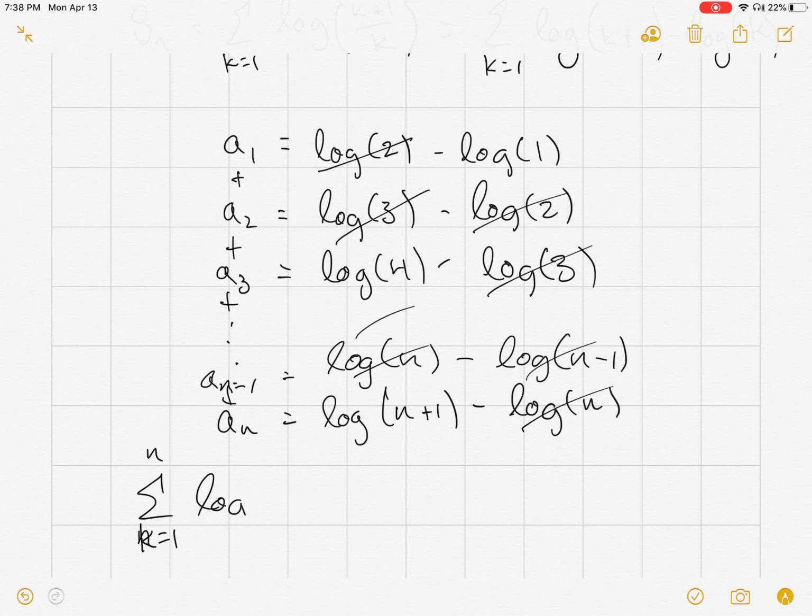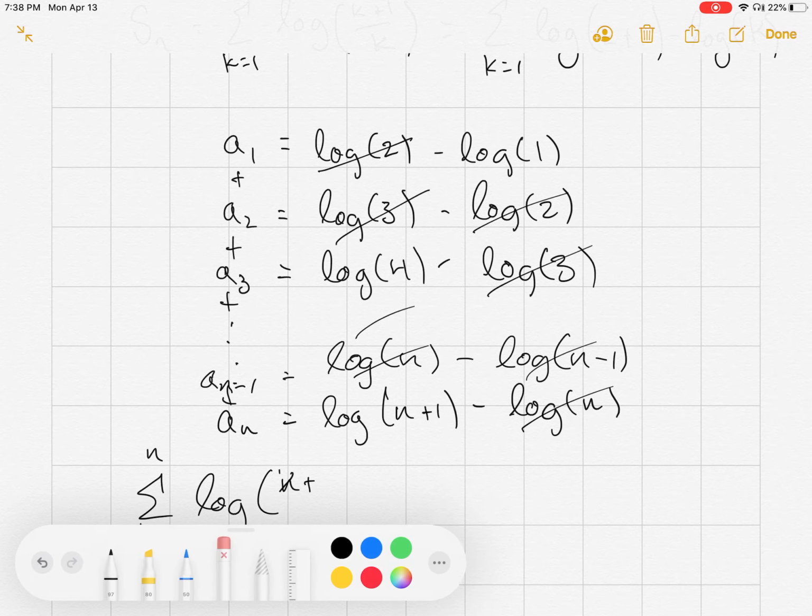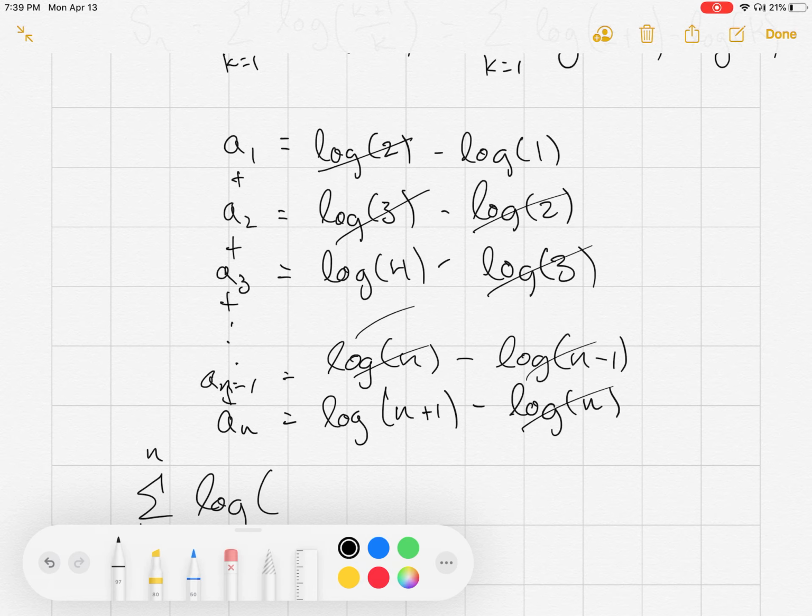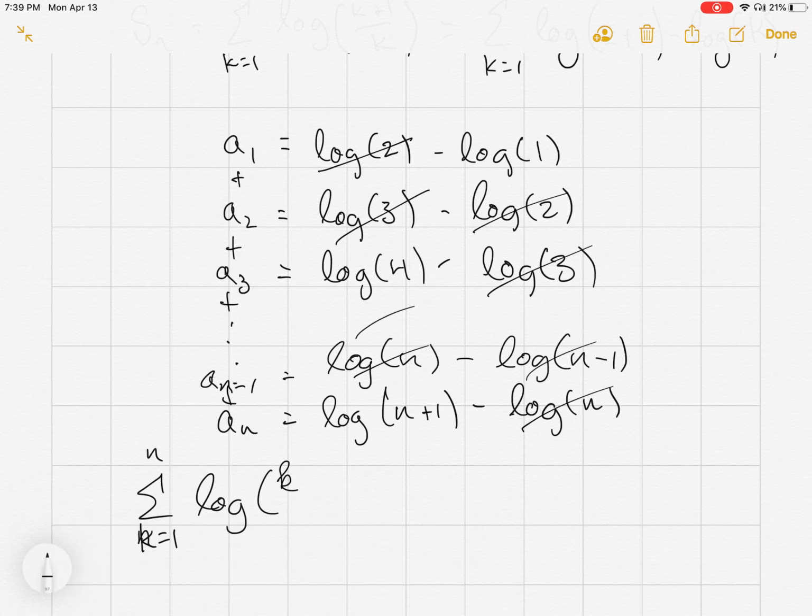of our log of, my apologies, when we have our total summation of the log from k equals 1 to n of k plus 1 over k, the only terms that are left are our log of n plus 1 and our negative log of 1.